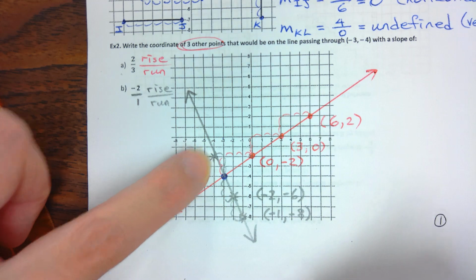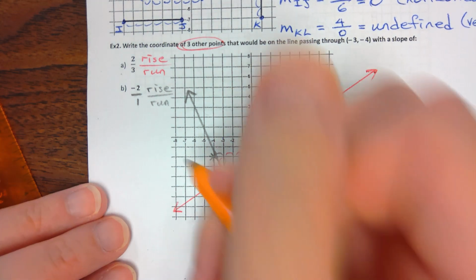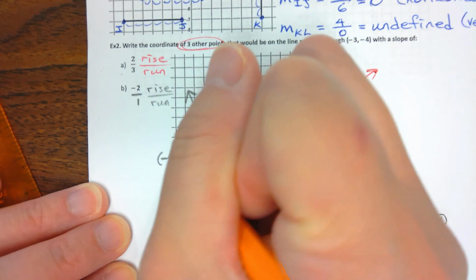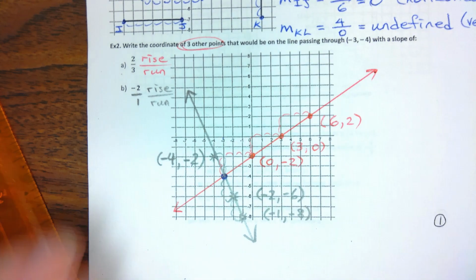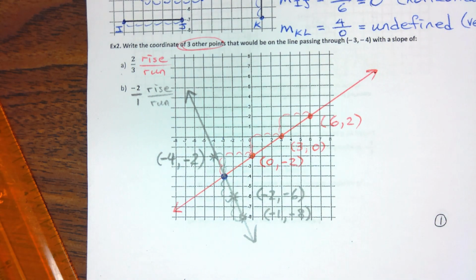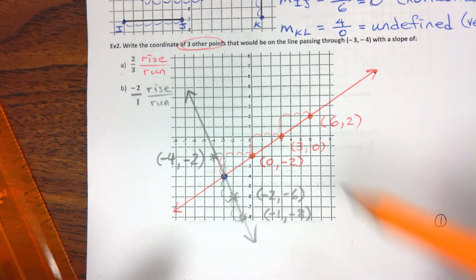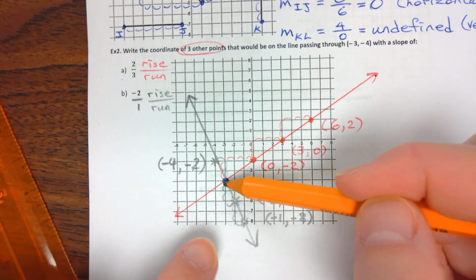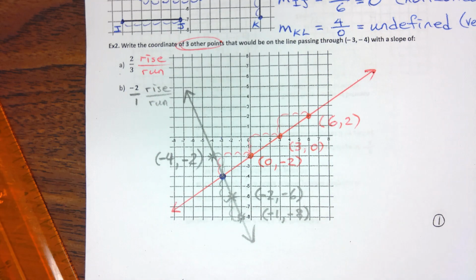And this point right here, -4, -2. Okay, so I always teach the students go up or down depending on the negative, and then go to the right. But if you know the direction of the line, you could also go to the left.